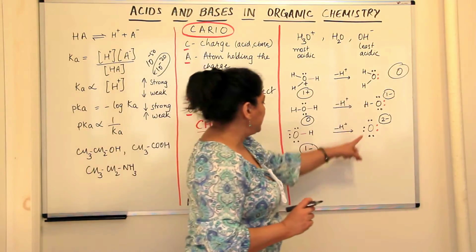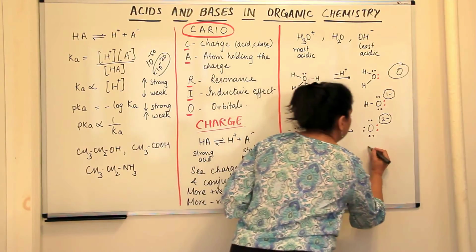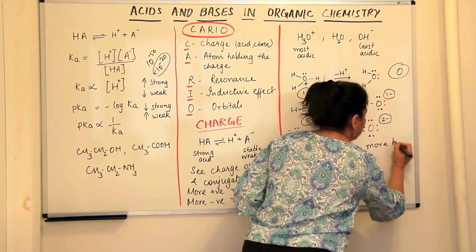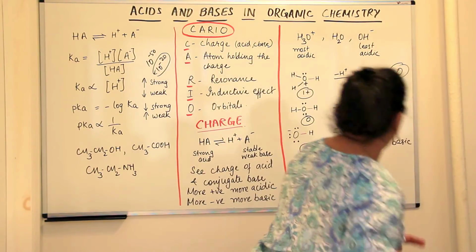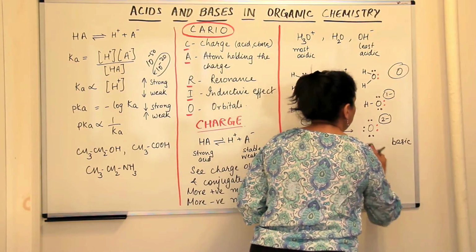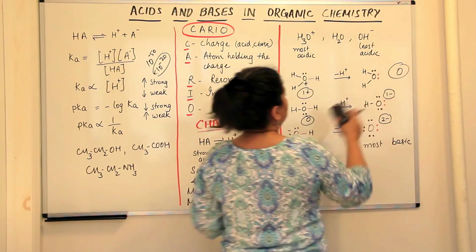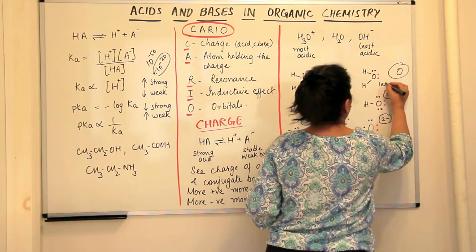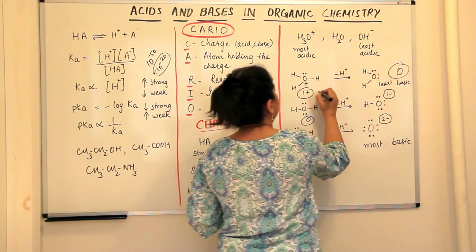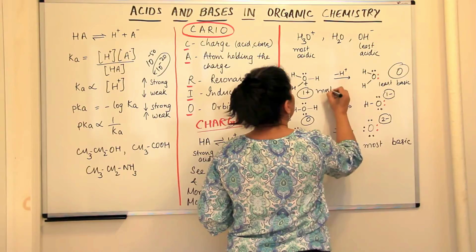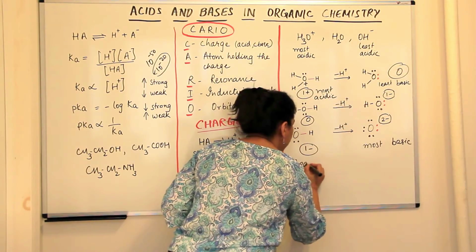So out of these 3, this is the most basic, and this is the least basic. Right? And here we said this is most acidic, and this is least acidic.